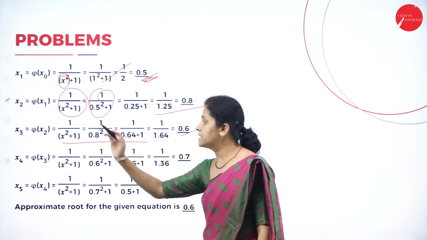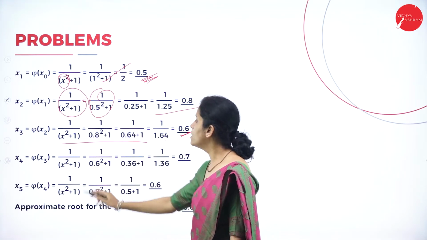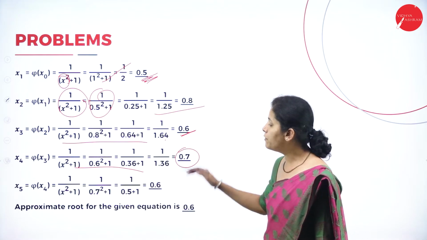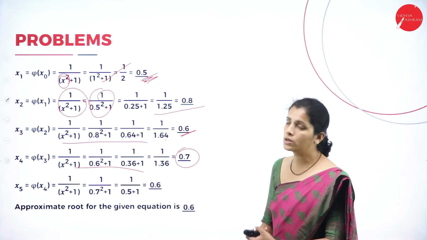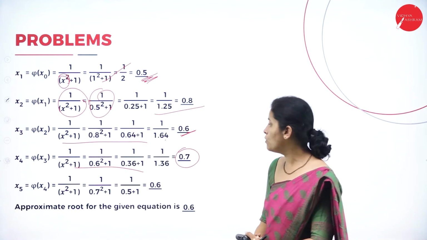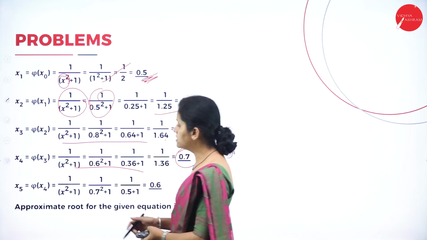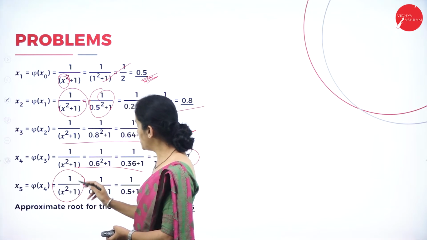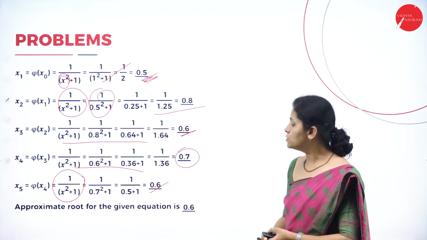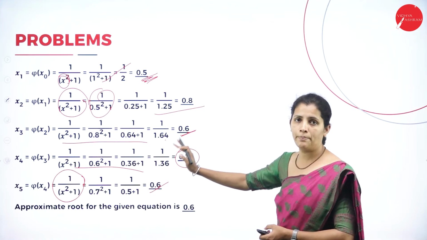In the next iteration, I consider 0.6 and when I substitute, I get 0.7. For the fifth iteration, I consider the previous x value, that is x4, which is 0.7. When I substitute that in this equation, I get the answer 0.6. Further, if I continue, the same steps are repeating.